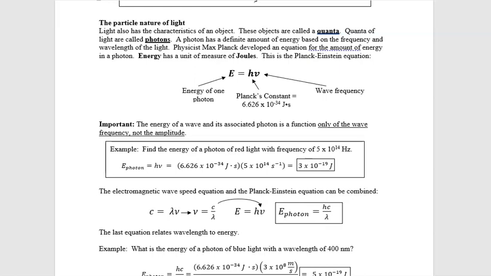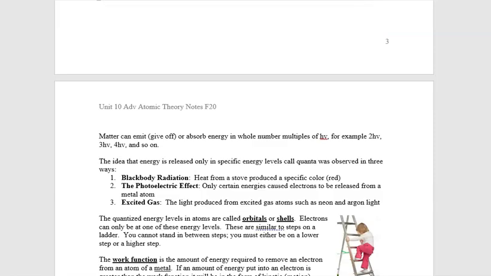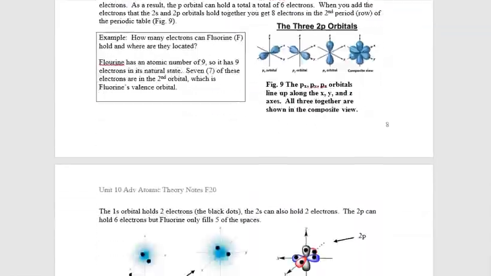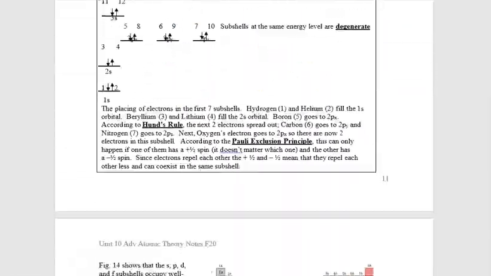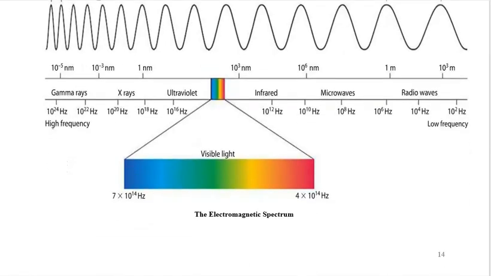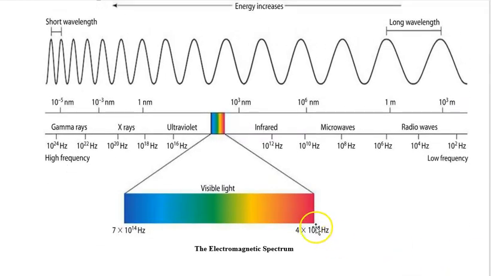So if we go back down here to our electromagnetic spectrum, right there, we see down at the bottom that red light over on the right has less energy because it has a longer wavelength. It's further to the right on that spectrum, so it has a lower frequency and longer wavelength than blue light over on the left.